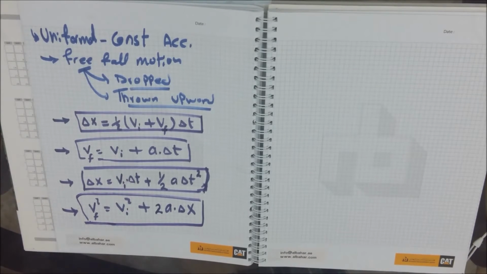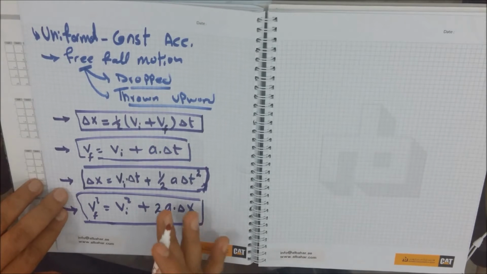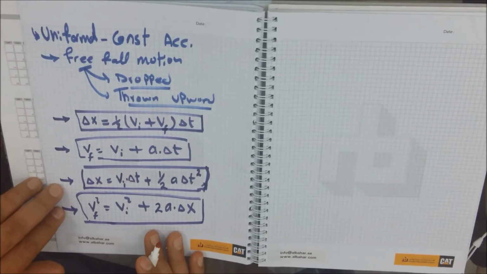So the question now is, when shall I use the first, the second, the third, or the fourth equation? Is there a rule, or do I have to figure it out from the givens and waste my time? Before we do anything, you just do this simple trick. In the first, second, third, and fourth equations, you will find something missing.